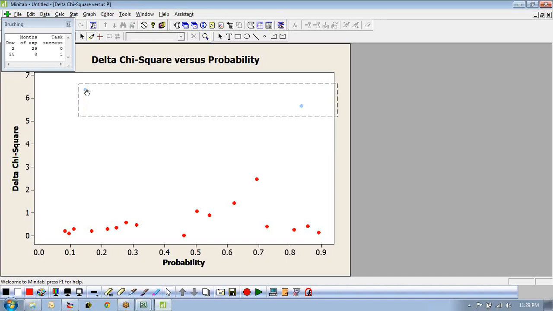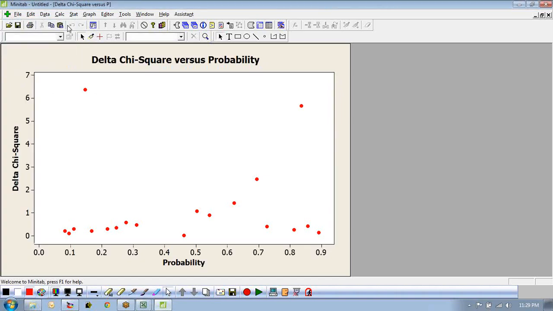Maybe this person who had only 8 months of experience had actually done a sorting problem before, and he was given a sorting problem. Whereas this person was also given a sorting problem, but he had never done one in his 29 months of experience. So that might be it. I just made that up, but if you want to improve the model, that's one of the ways you would try to focus.